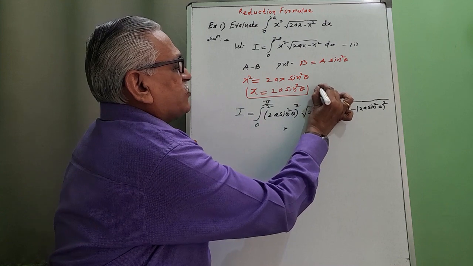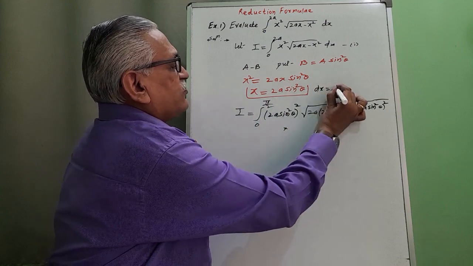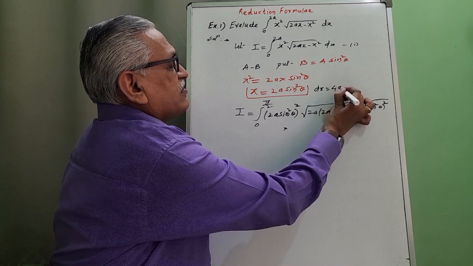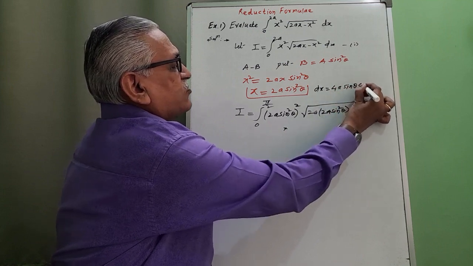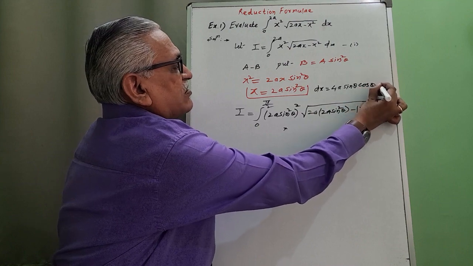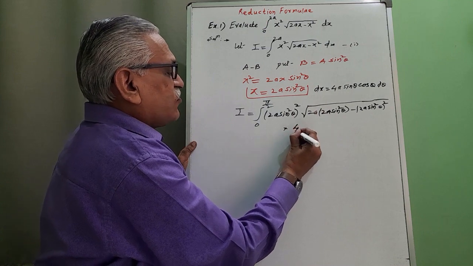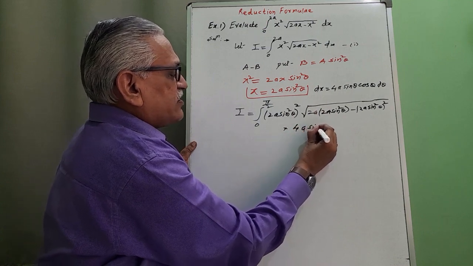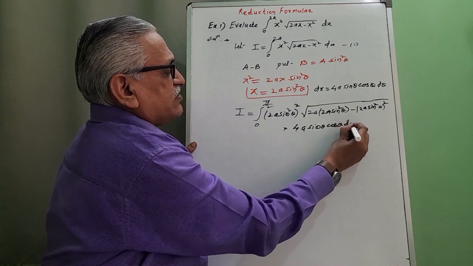Differentiating this with respect to theta, we get 4a sine theta, by the chain rule, derivative of sine theta is cos theta d theta. Substituting that value here, we get 4a sine theta cos theta d theta.